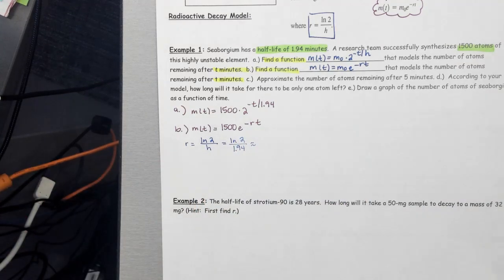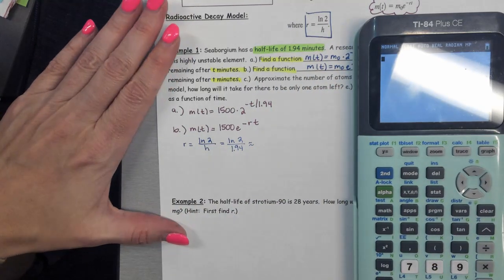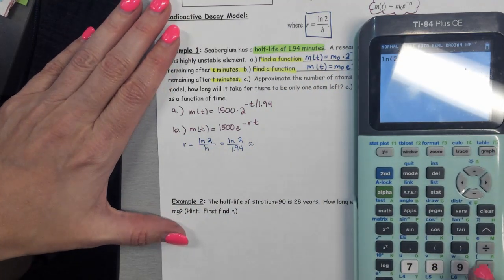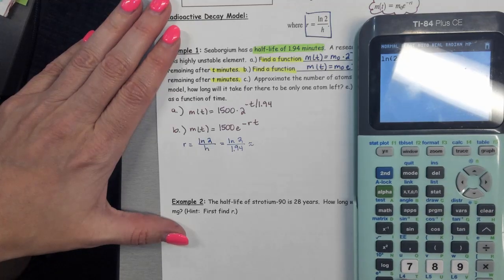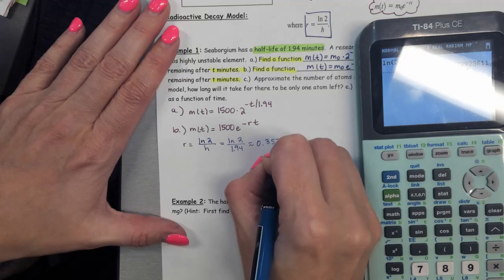And just like we've been doing with the logs, we are going to round that to 4 decimal places. So you get 0.3573.